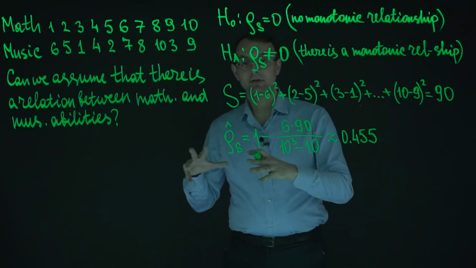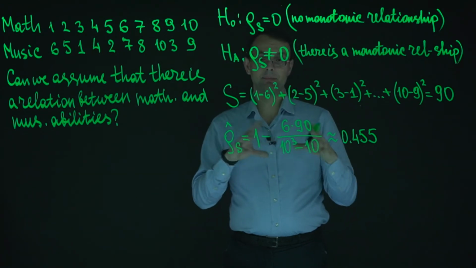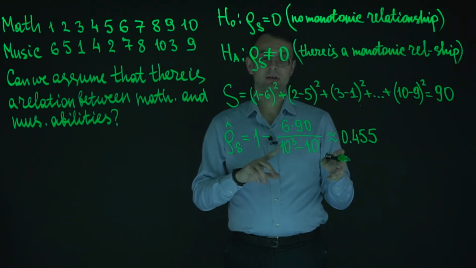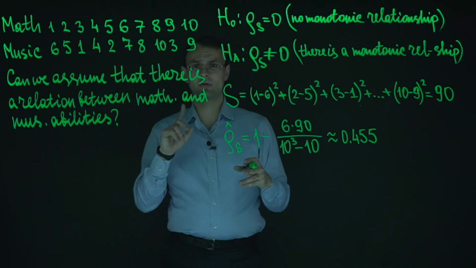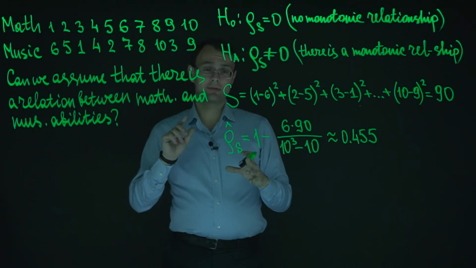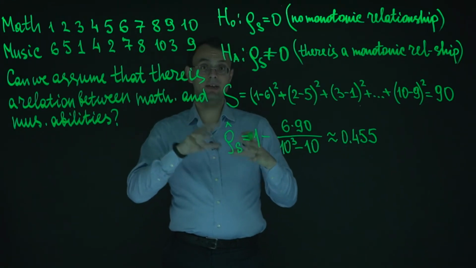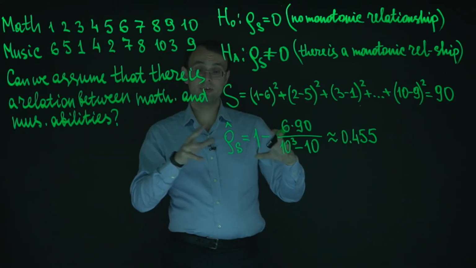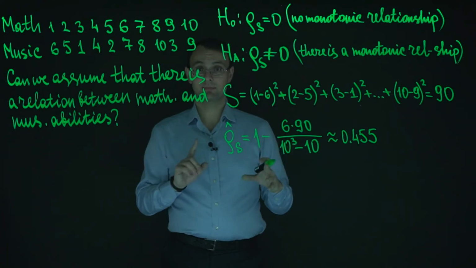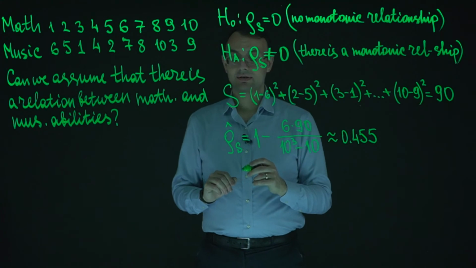Not that the better one is at math, the better he or she is at music. It was not an accurate expression. It's better to say, on average, the better one is at math, the better he or she is at music.